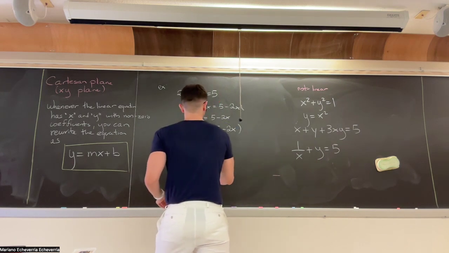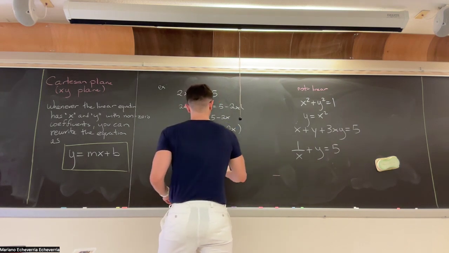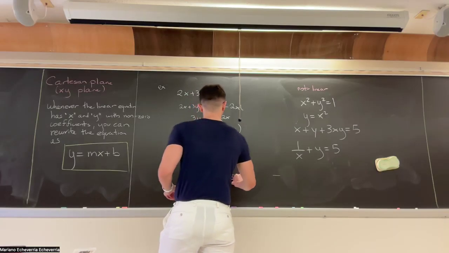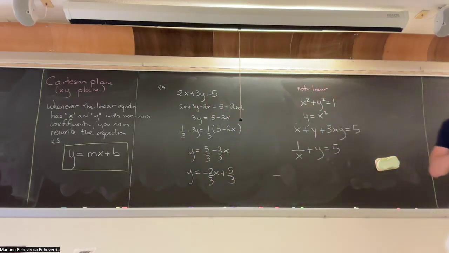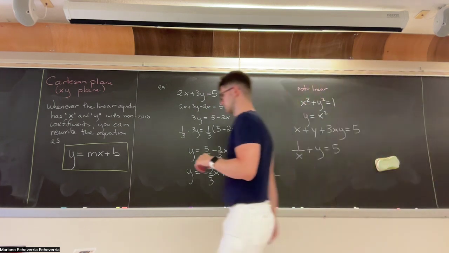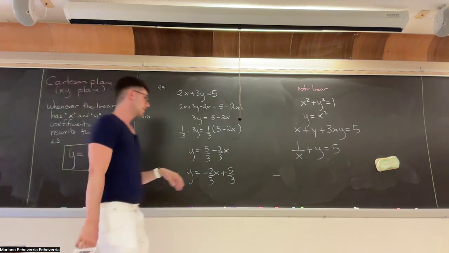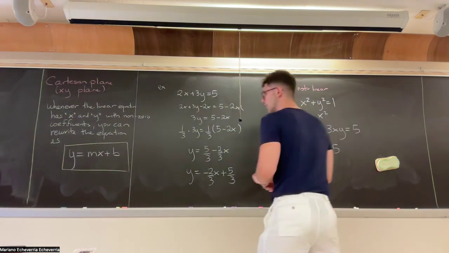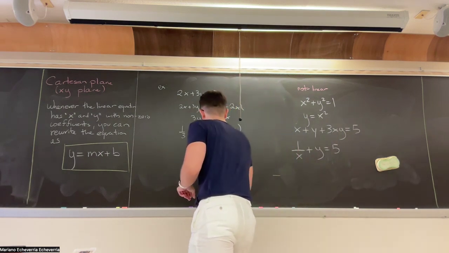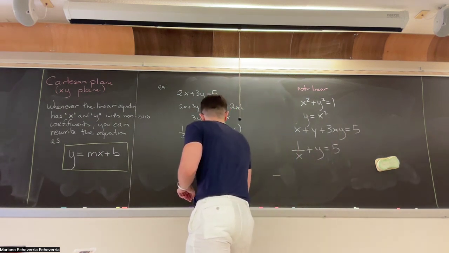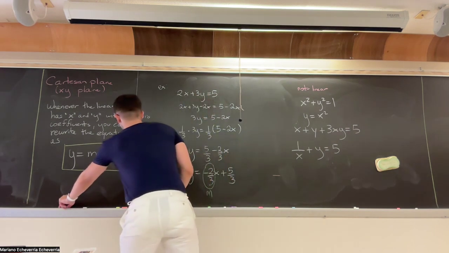So I would rewrite it as minus 2/3 x plus 5/3. So by comparison, this number is what I'm calling m, and this other number is what I'm calling b.